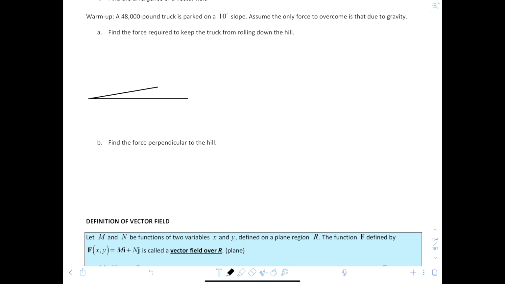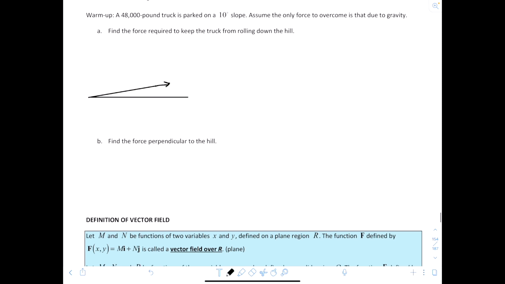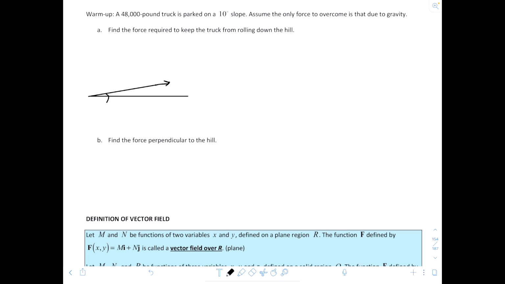That angle is 10 degrees from the horizontal, all right?